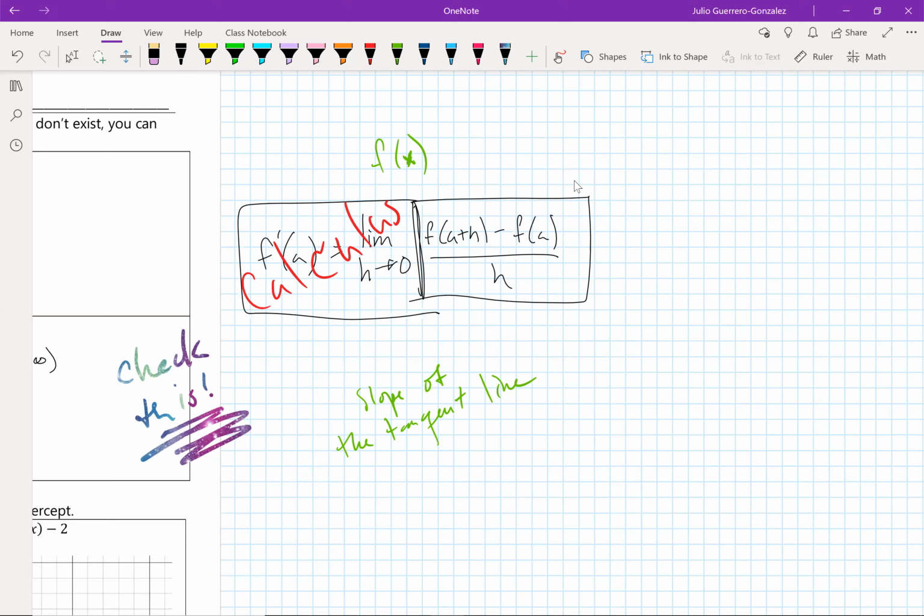Okay, the reason why is because of this. This entire class is supposed to be pre-calculus plus an algebra support, correct?